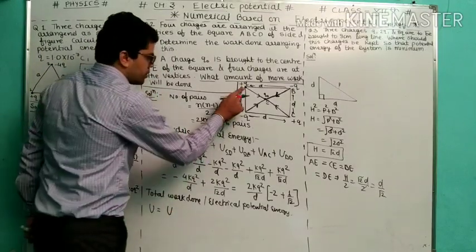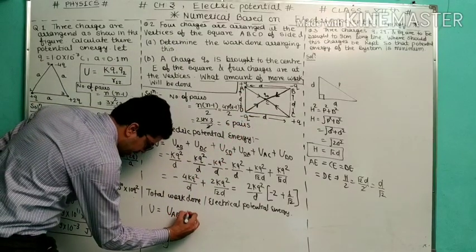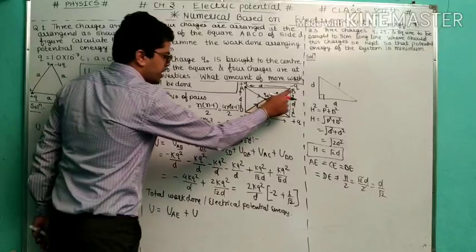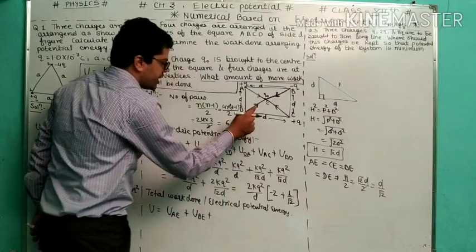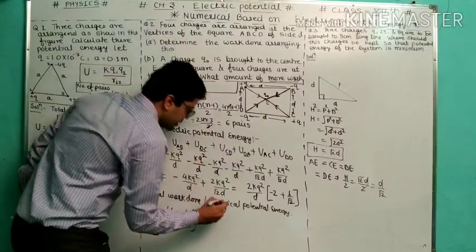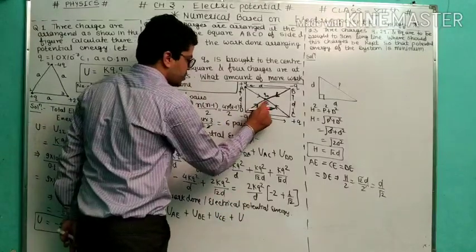First of all, this is AE, to bring the charge at AE. Then electrical potential energy due to BE, and then electrical potential energy due to CE, and electrical potential energy due to DE.